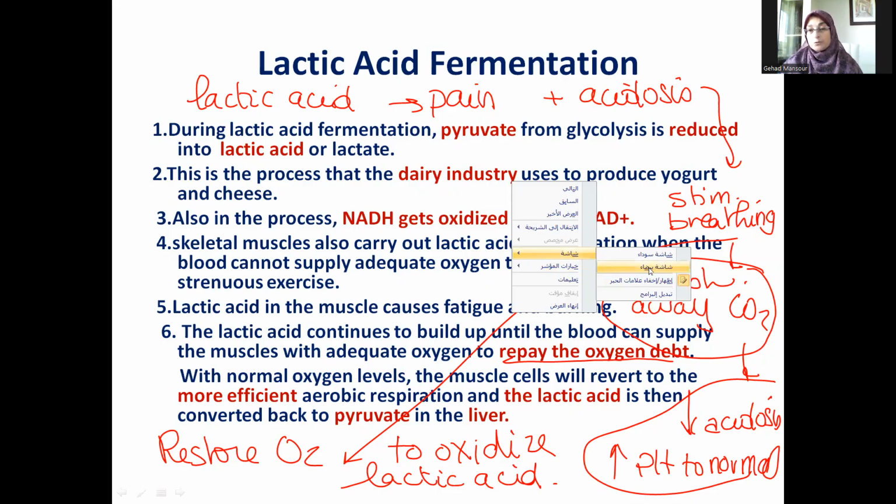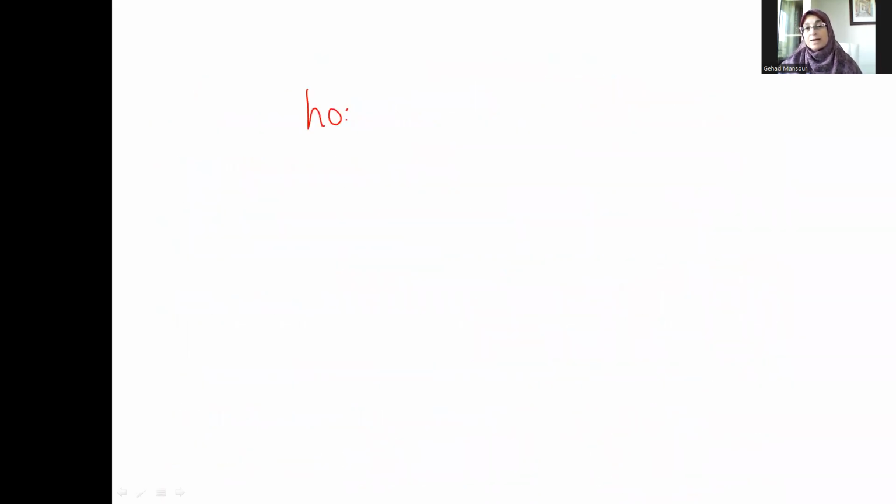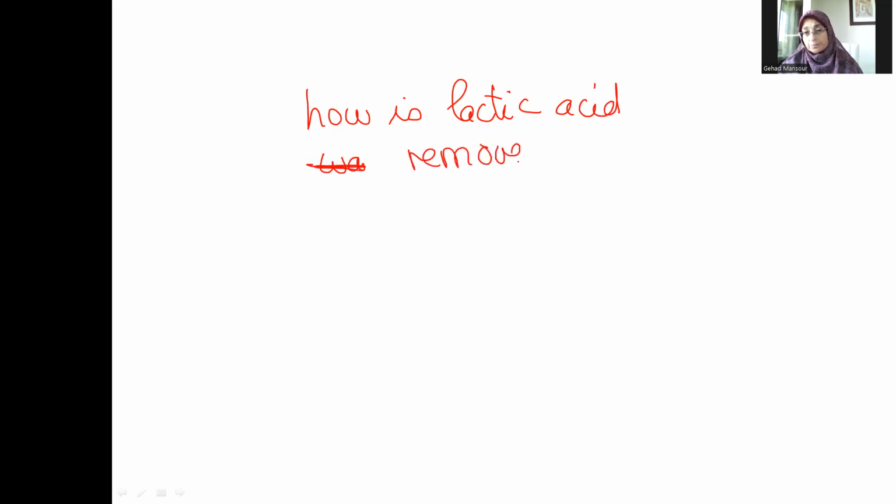The last thing to do is, how is lactic acid removed after heavy exercise?